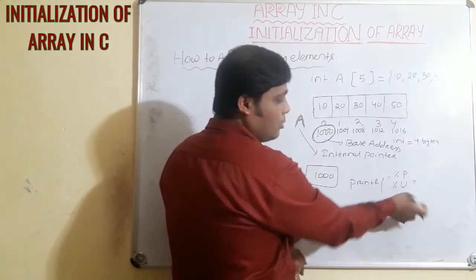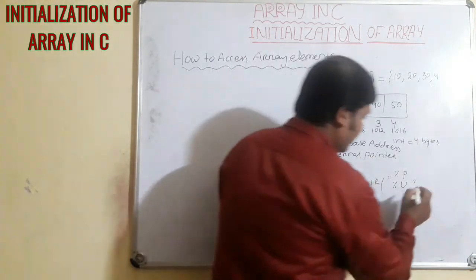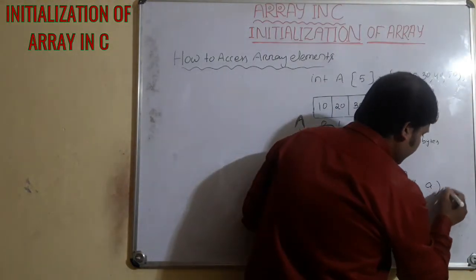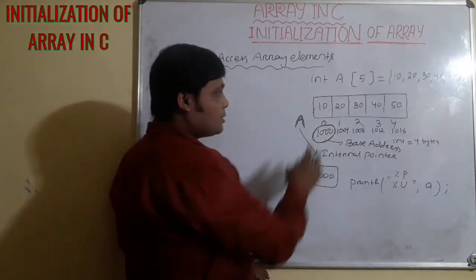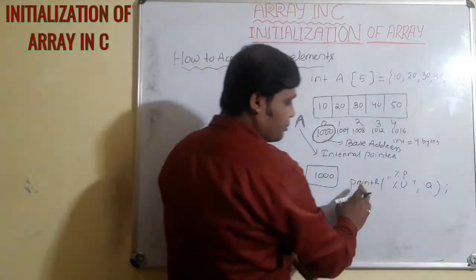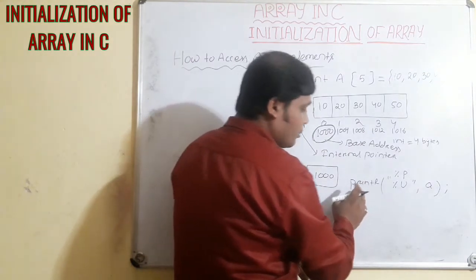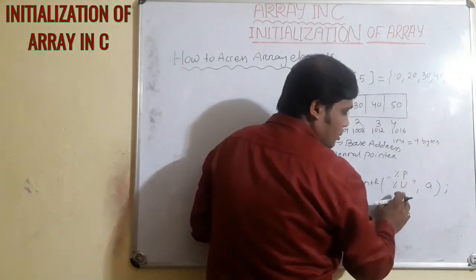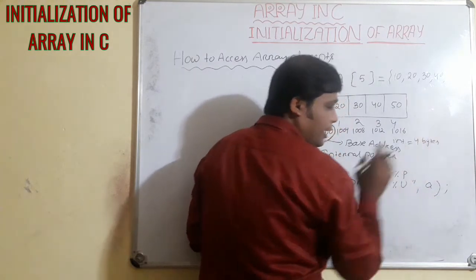Either percent u or percent p you can take. Then A. Just declare one array and initialize it. After this you just print this thing. Printf percent u or percent p, A.